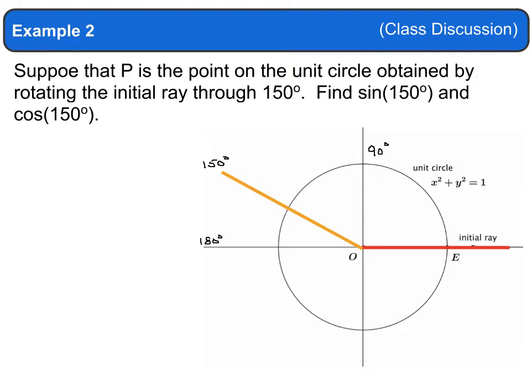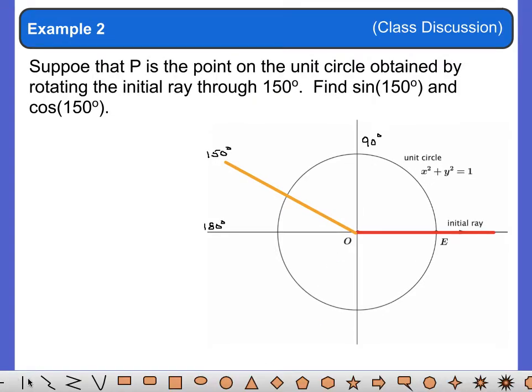So what we're going to do is draw a line straight down right here. And then we're going to come across this way. And now I'll do an extra highlight. This is going to be our special right triangle right here.